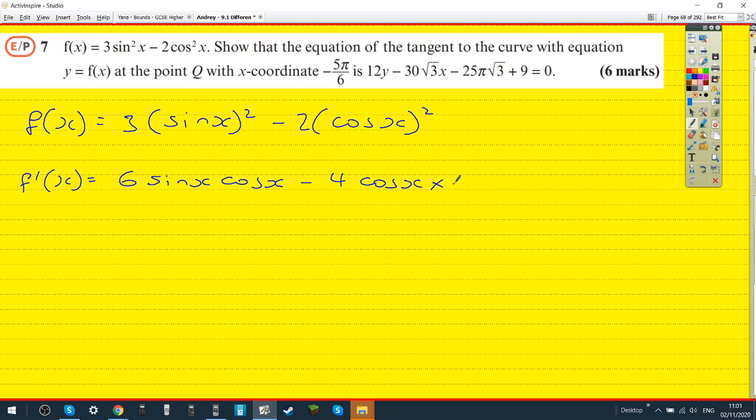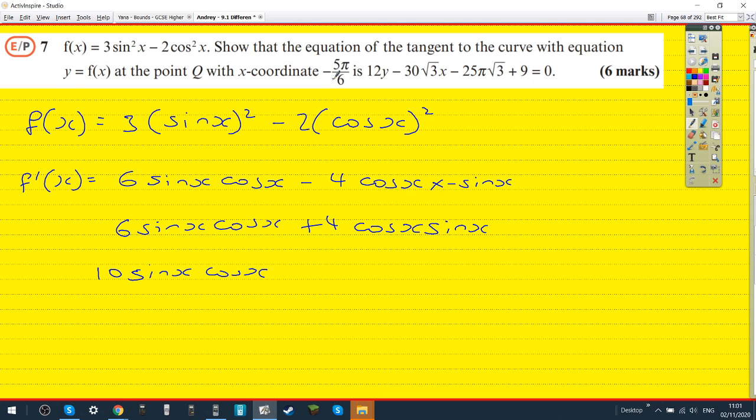And so that's times minus sine x. Yeah. What is minus 4 times cos x times minus sine x? Will it just be plus 4 cos x sine x? Can you simplify even further? And it will become 10 sine x cos x. That's great. 10 sine x cos x.